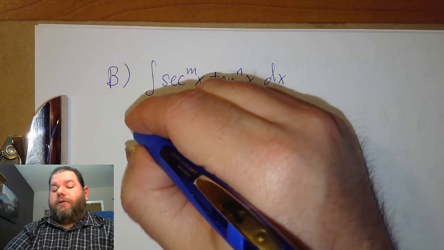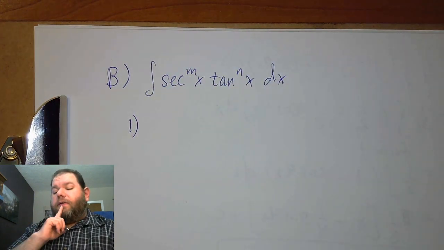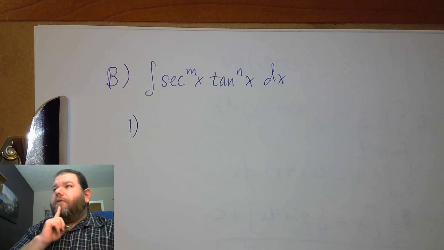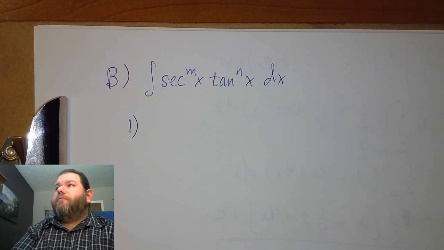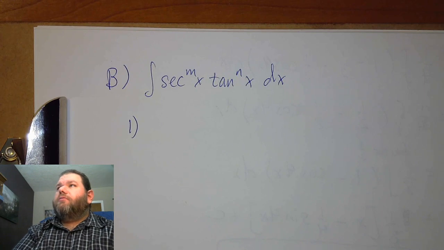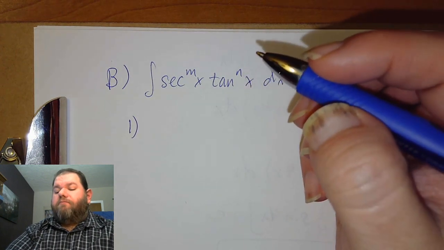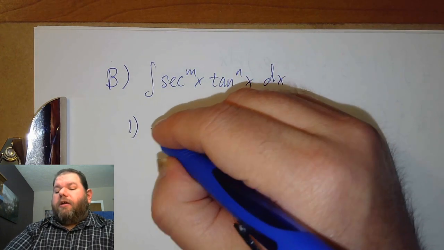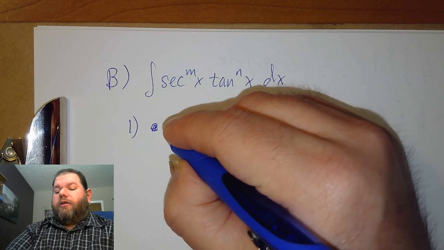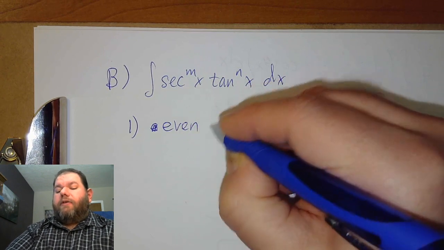So case 1, let's say that we have an even number of secants.